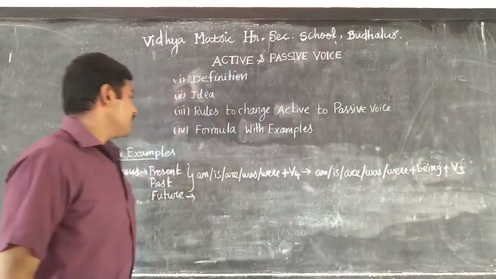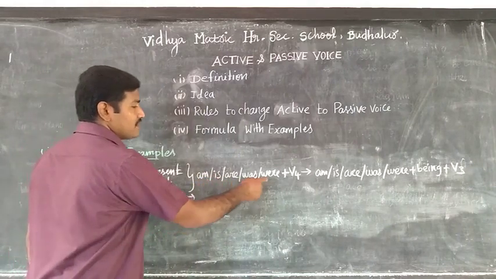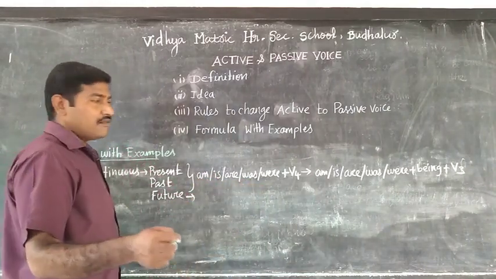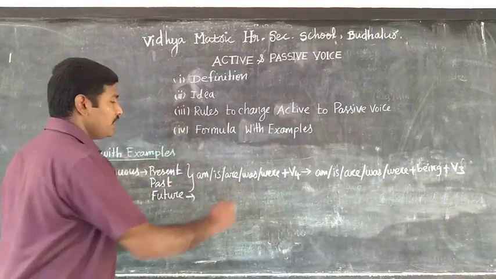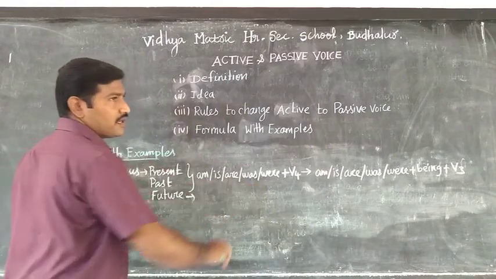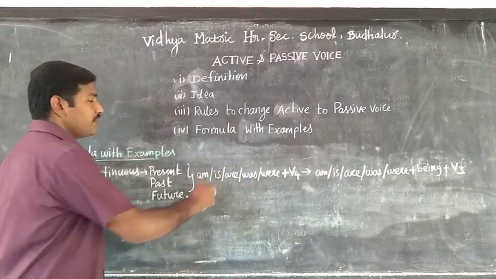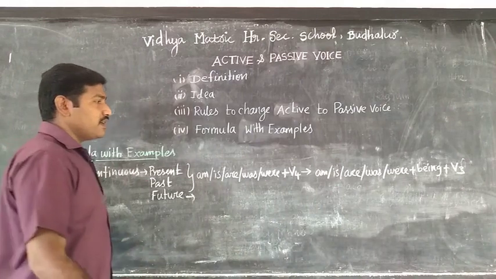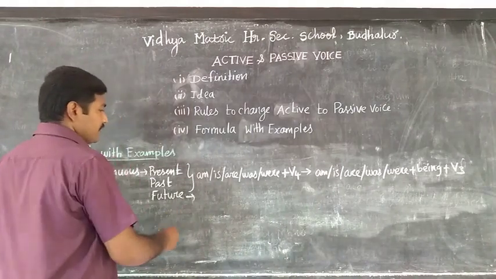Here am, is, are, was, were is also called B form verb. For your understanding only, I write the 5 verbs in B form.